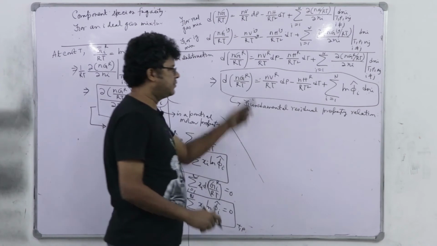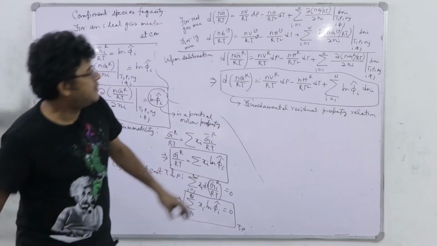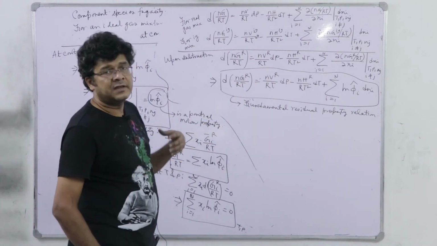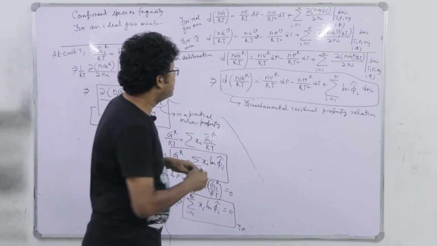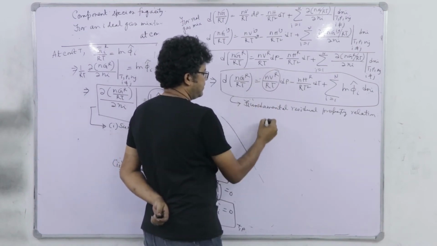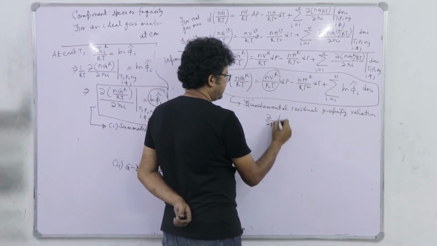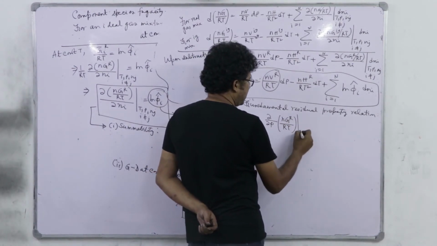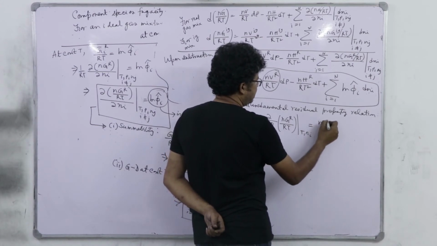And from here we can solve for a very important quantity, which is how ln phi i cap changes with temperature and pressure. See, this term can be written as del del P of nG R by RT at constant temperature and ni, which is nV R by RT.